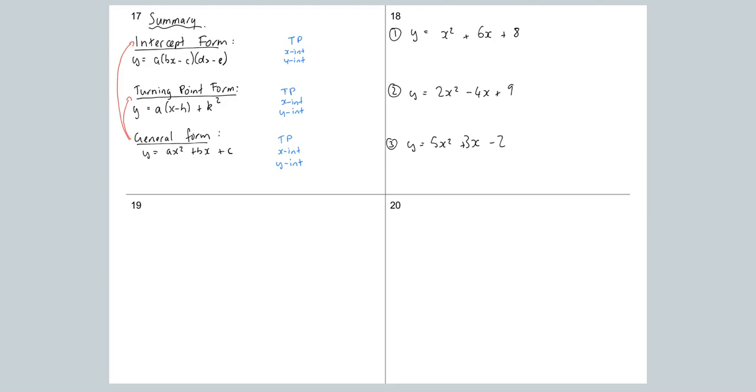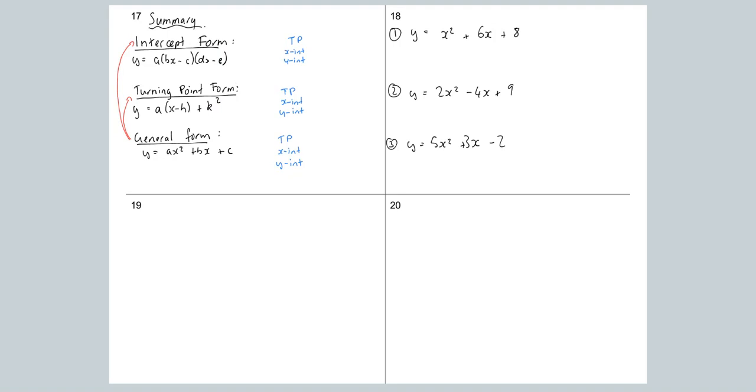Now, it should be pointed out that you can more or less move freely between each of the three forms. The only exception is that if the quadratic function does not have any x-intercepts, you will not be able to move into this form. But you can always take the intercept form and turn it into general form, or turn it into turning point form.